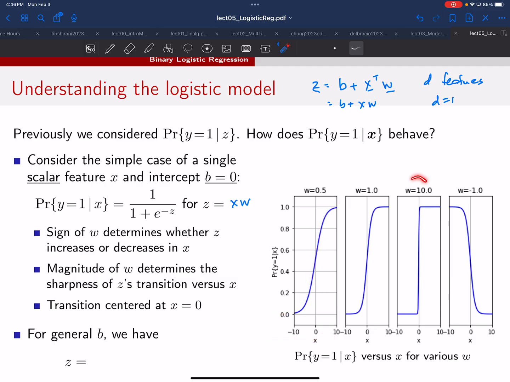On the other hand, if we make w larger than 1, the transition happens very quickly. And finally, if we change the sign of w and make it minus 1, then compared to this, the transition flips. As x gets large, the probability gets small instead. So this gives you some intuition about how that weight w affects this probability.